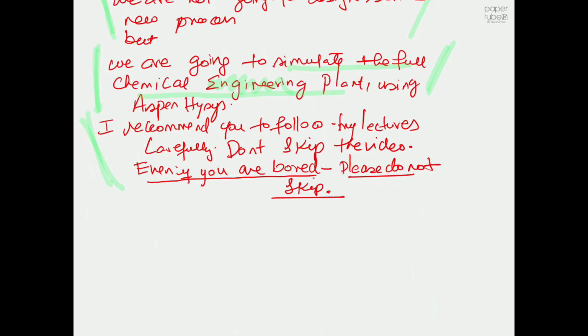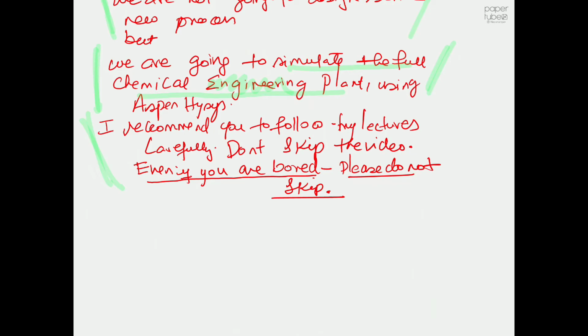It can reduce your workload, but at the same time, you also need hardcore chemical engineering skill, and also you didn't develop the software. I didn't develop the software, so it's a commercial package. So especially when we have some error, or when the calculation goes wrong, that's the time you need to really have your chemical engineering skill. And also obviously you are going to get a lot of errors.